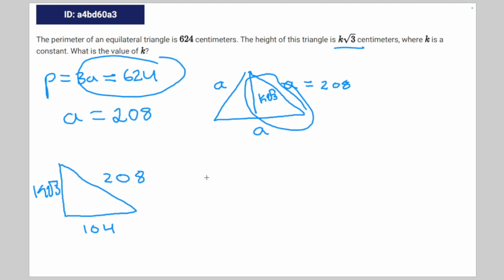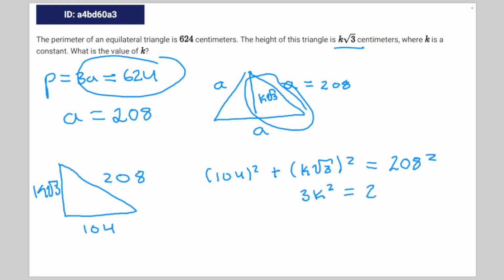That's going to be a squared, so 104 squared, plus b squared, so k times the square root of 3, squared, is equal to 208 squared. Subtract both sides by 104 squared, and you get 3k squared is equal to 208 squared minus 104 squared.